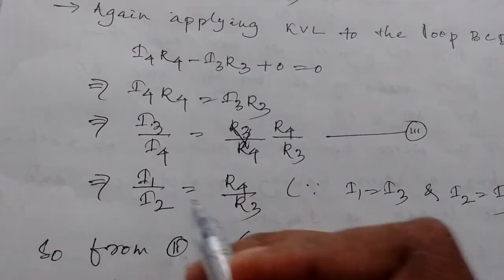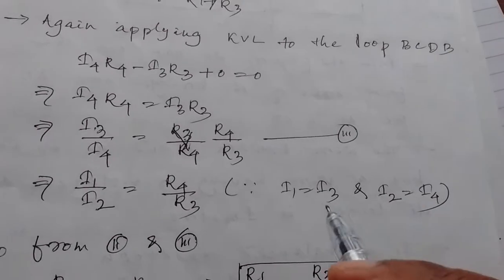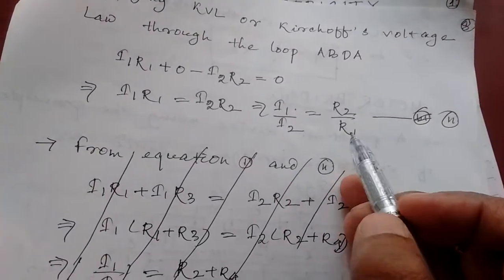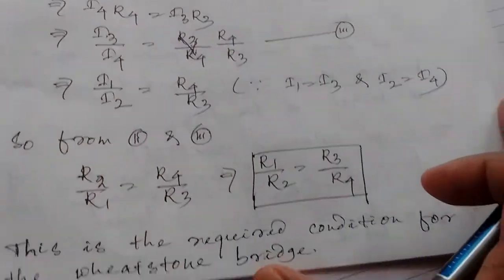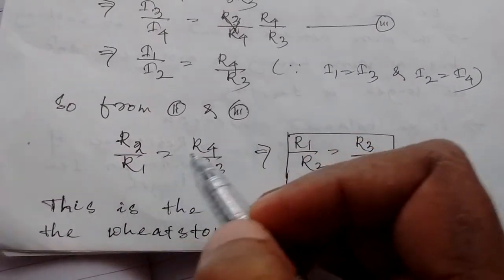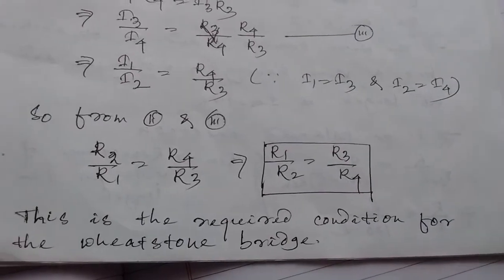So I1 by I2 becomes R4 by R3. We have already got I1 by I2 as R2 by R1. Now we are getting I1 by I2 is equal to R4 by R3. If the left side is equal, then the right side must be equal. So R2 by R1 is equal to R4 by R3, which implies R1 by R2 is equal to R3 by R4.